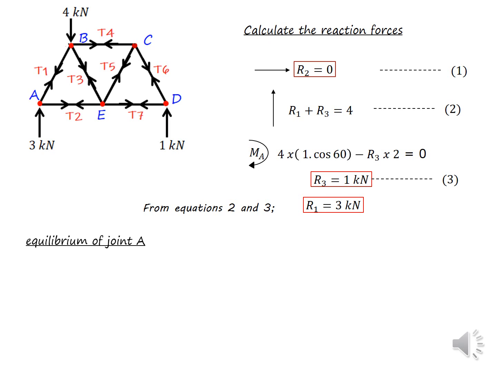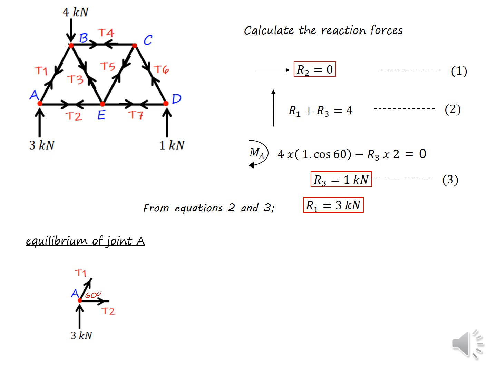Okay, let's start with joint A. Now, when I consider joint A, I treat that joint as a free body diagram. Then the member forces at joint A should be in equilibrium. So to make that joint equilibrium, the addition of all the member forces in the vertical direction should be equal to 0, and the addition of all the forces in the horizontal direction should be equal to 0.